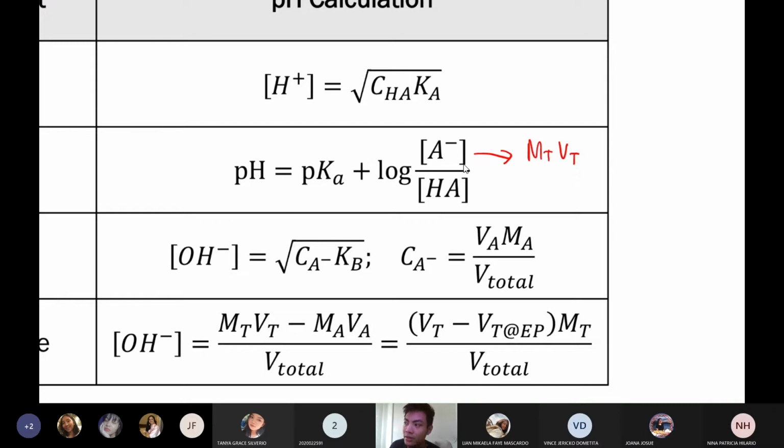Kaya we can express the moles of the conjugate base by multiplying the molarity of titrant and the volume of titrant. Ganun yung approach sa titration. Alamin mo saan galing. Kasi it's either analyte or titrant lang yun galing. So, again, to determine the moles of the conjugate base, ayan, MTVT. Kasi sa titrant yan galing. Nung nagpatak ka ng titrant, dun siya lumabas.